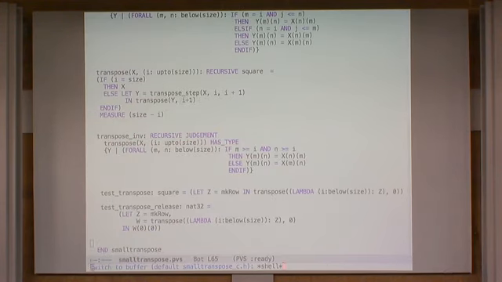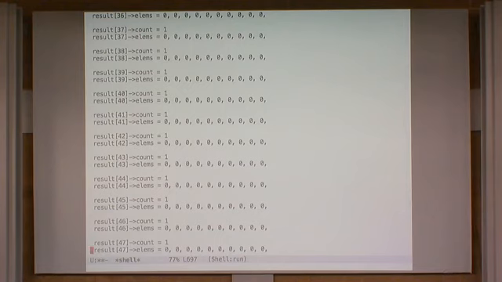So here it has 0 on the left and 2 on the right. That's the input I'm giving it, and I expect to see 0 on top and 2 at the bottom. So that's what you got. The 0 on top, I'm just printing out a few of the things.